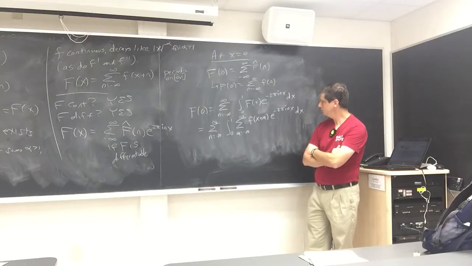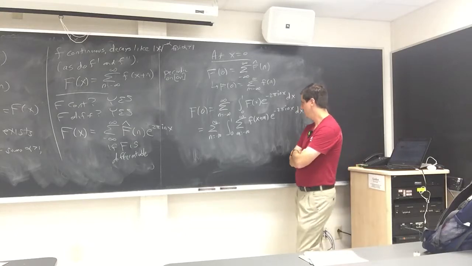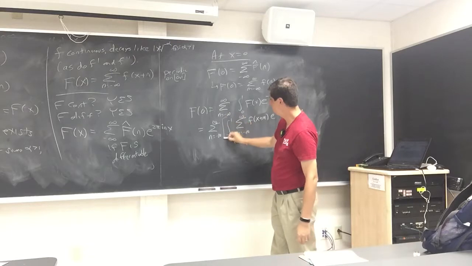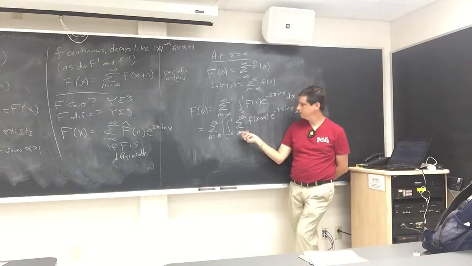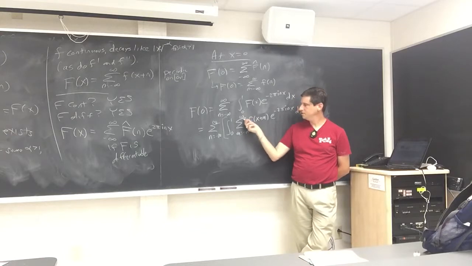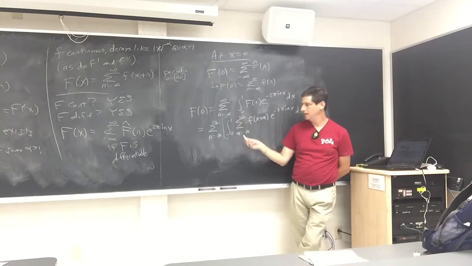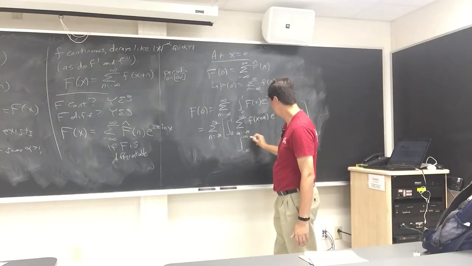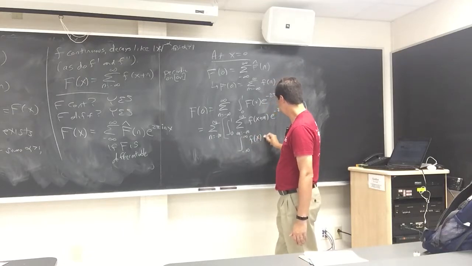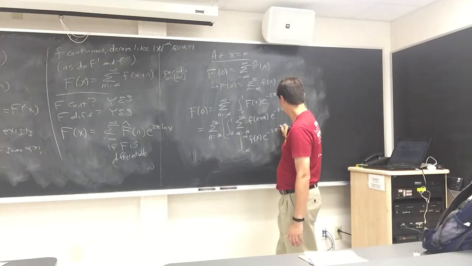I'm going to be a little bit careful. So let's look at just this part over here. We have a sum from minus infinity to infinity, integral from 0 to 1. I claim this is the same as the integral from minus infinity to infinity of f of x e to the negative 2 pi i n x dx.